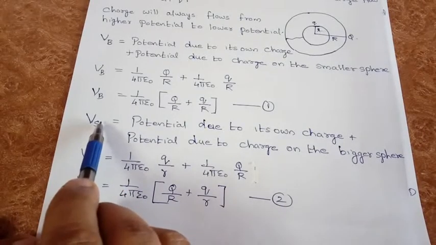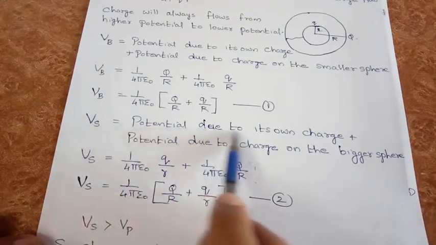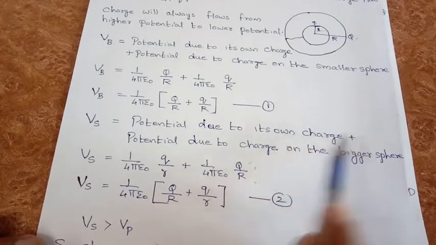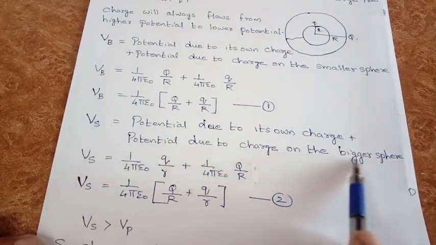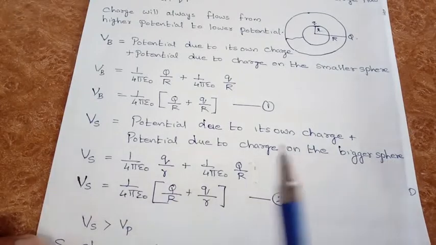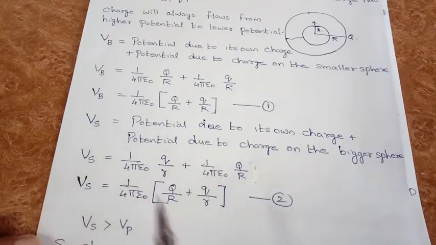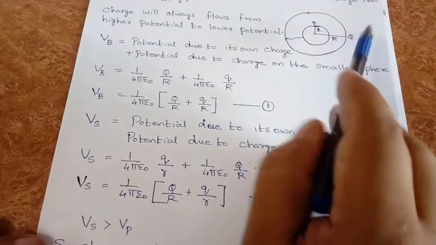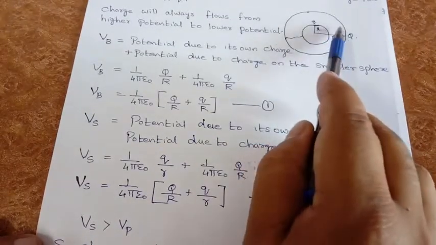Now let us analyze what is the potential on the surface of the smaller sphere. Potential on the surface of the smaller sphere is equal to potential due to its own charge plus potential due to charge on the bigger sphere. This is because the smaller sphere is inside the bigger sphere. So inside the bigger sphere the potential remains the same.